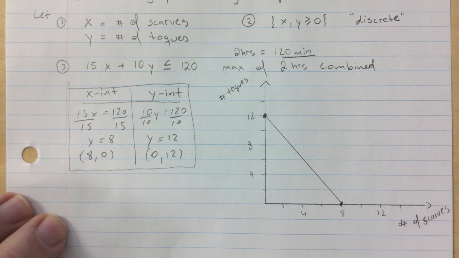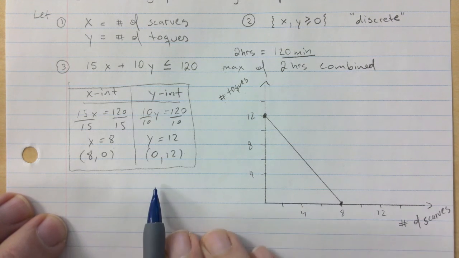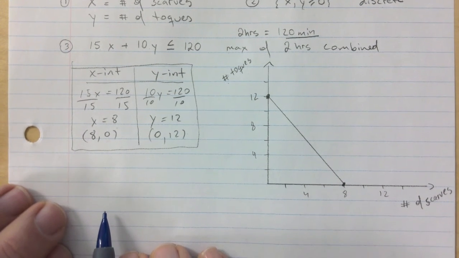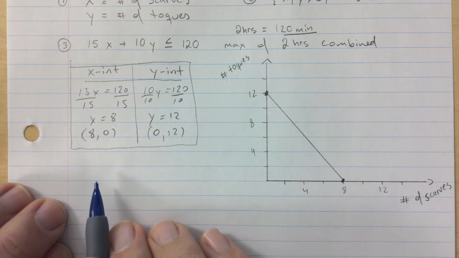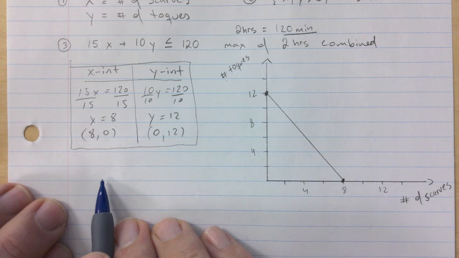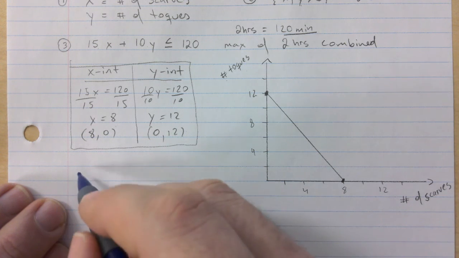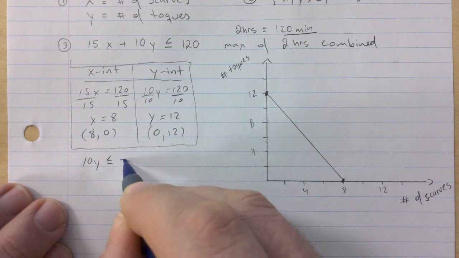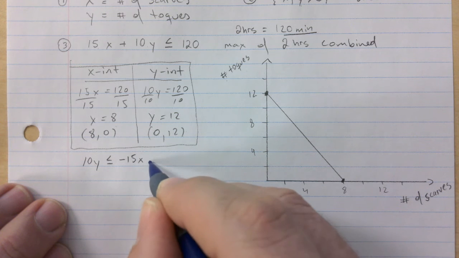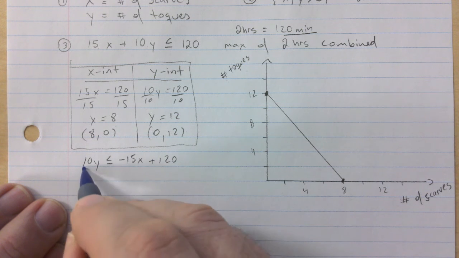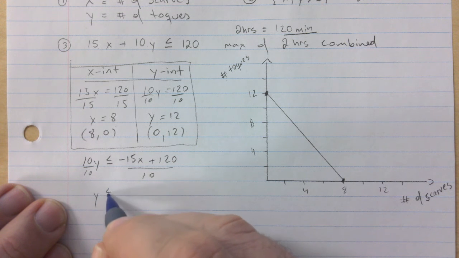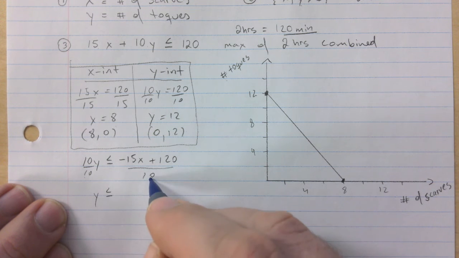Finish the graph, and then we're going to go back to here and do what we always have been doing, okay? Right from the beginning, which is rewrite it and then tell me where you're going to shade and whether or not it's solid. So here we go. 10y is less than or equal to negative 15x plus 120. Divide everything by 10. Do not flip the sign because you're dividing by a positive.